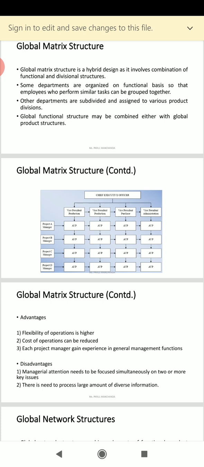So from the vertical perspective, if we look, we have the division done on the basis of your functions. You have the first one as vice president production, the next one as vice president purchase, the next one as vice president administration, right?